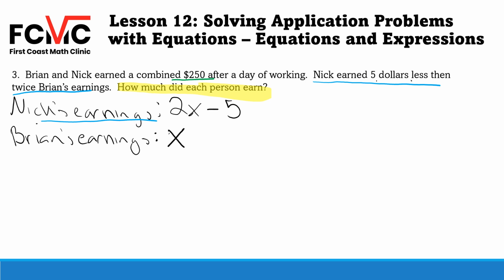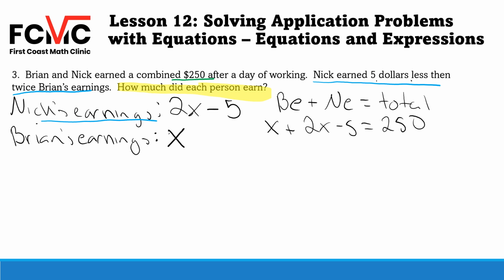And our equation: Brian's earnings, BE, plus Nick's earnings, NE, equals our total. Well, Brian's earnings are X, plus Nick's earnings, 2X minus 5, equals our total, 250.